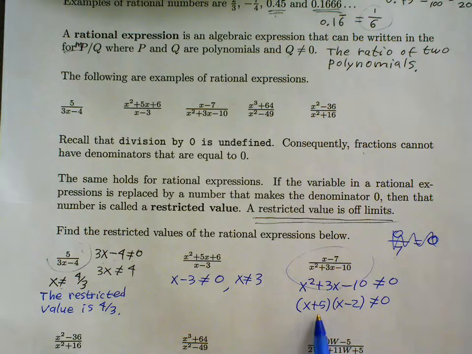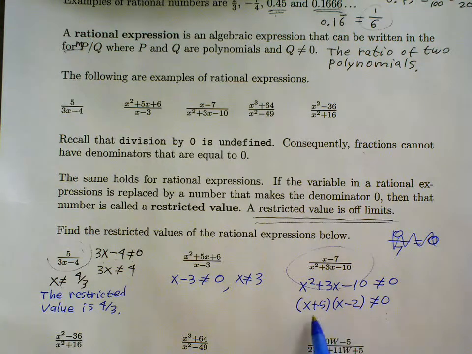So the product x plus 5 times x minus 2 does not equal 0. If the product of two numbers does not equal 0, then neither of the two numbers can be 0. So x plus 5 does not equal 0, and x minus 2 does not equal 0.